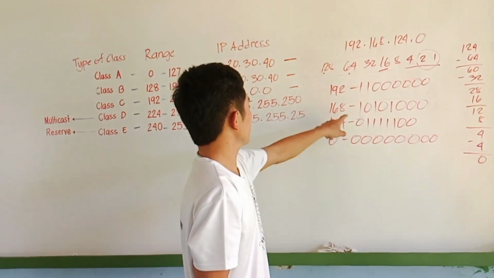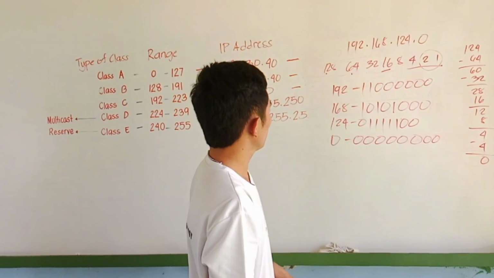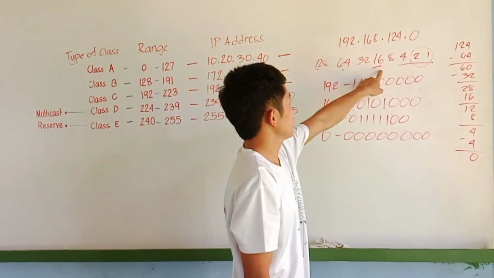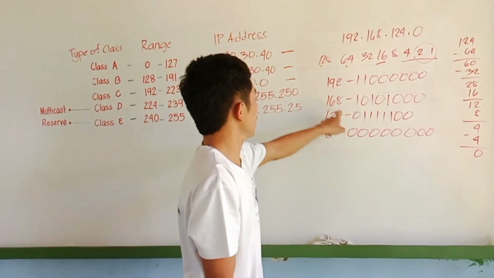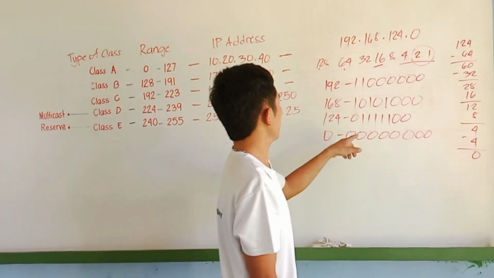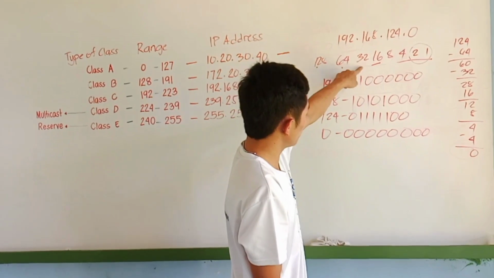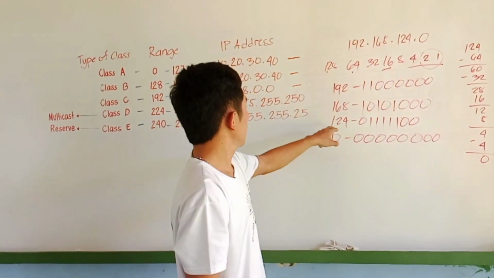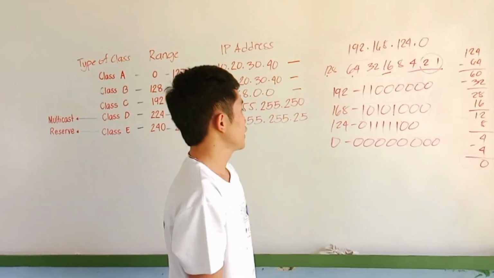Then for this 168, you need to add 128 plus 32 plus 8. So it will result in 168. Then if we add 64 plus 32 plus 16 plus 8 plus 4, it will be 124.